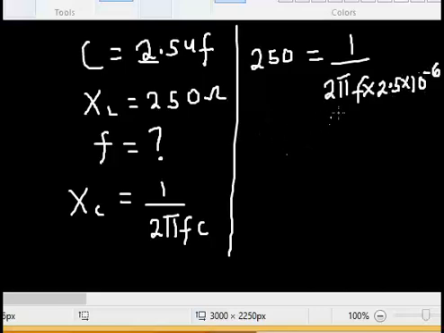If we cross multiply, I'm going to have 250 times 2 times 2.5.